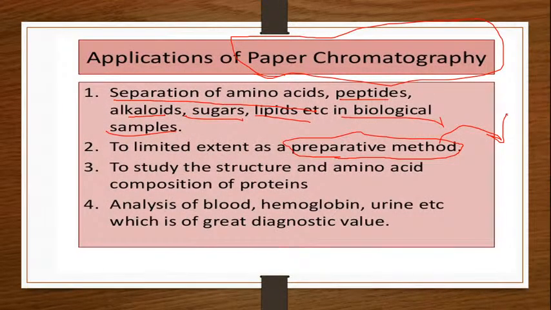If I summarize paper chromatography, it's a simple method, but it is time consuming compared to HPLC, because you cannot force the sample using a pumping system as in HPLC.